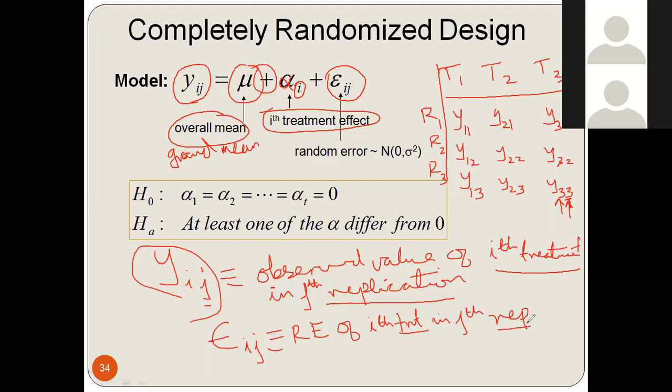Clear? So this is how we explain each component. This is called the model for the CRD, the mathematical model for the complete randomized design. Each observation can be partitioned into three components: the grand mean or overall mean, the treatment effect, and the remaining is called random error.